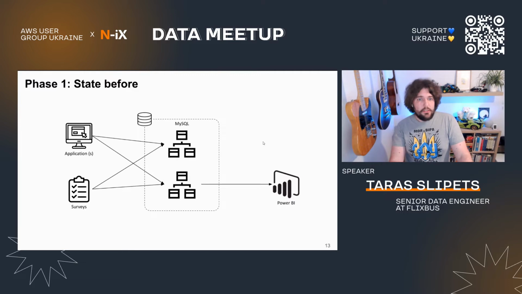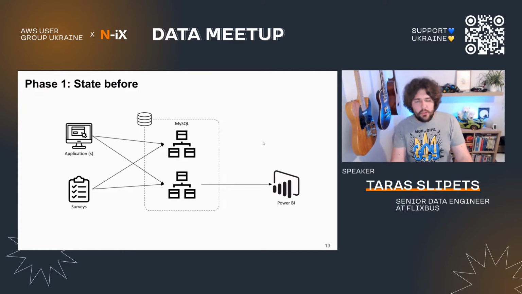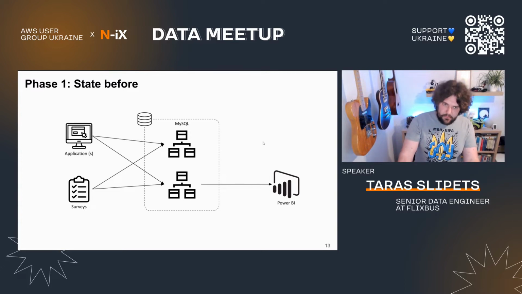The problem was that everything was interconnected to everything. That's not fun, especially when you try to do updates and changes. You have a huge tail of dependencies and side effects, and it makes things really slow.